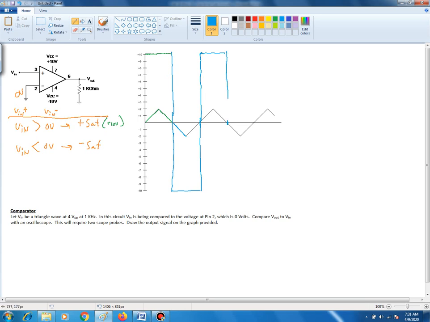And there it'll go to negative saturation once again, and it'll stay there until we go above 0 volts, which will happen right there. And draw that upwards like this, and there. So that's the output versus the input. So based on what's happening at the input, the output is shown.